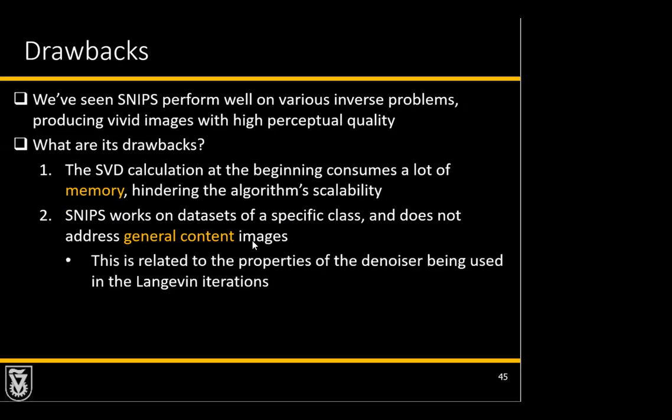Now, of course, this is not related to our algorithm, but rather to the properties of the denoiser used in the algorithm. If the denoiser was trained on face images, our algorithm can only handle face images, right? So we have some ongoing projects regarding this in order to address this problem. This will hopefully be one of the subjects in my future PhD studies.